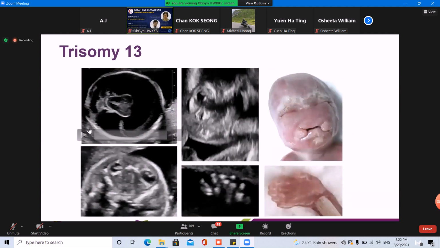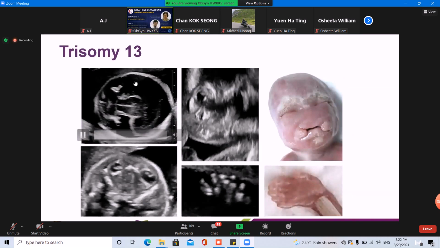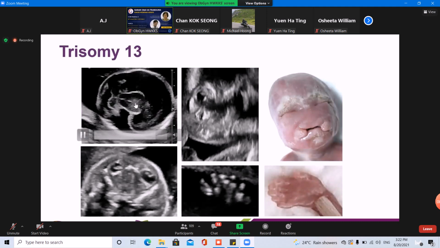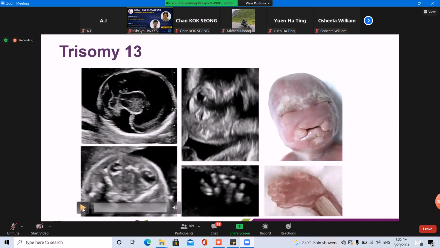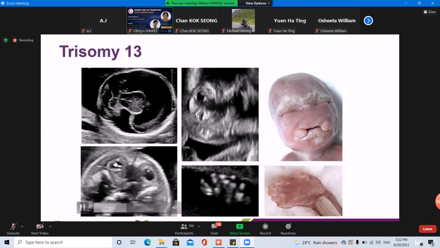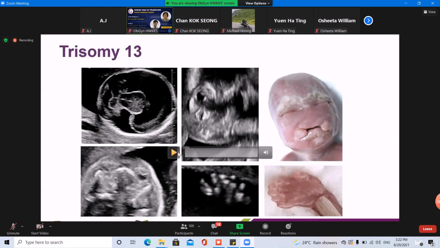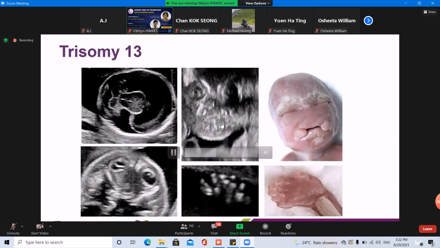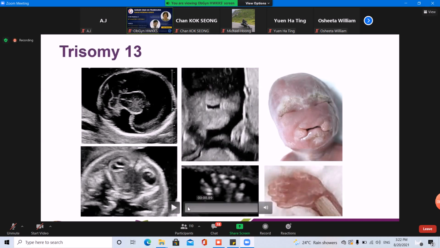Now, another case of trisomy 13 with holoprosencephaly. This is the axial section. You can see the single ventricle here, and the thalamus is somewhat fused but somewhat separated, so it is a semilobar type. When you look at the eyes, you can see the two eyes are very small, asymmetrical and very close together. Most importantly, you can see the central cleft lip.